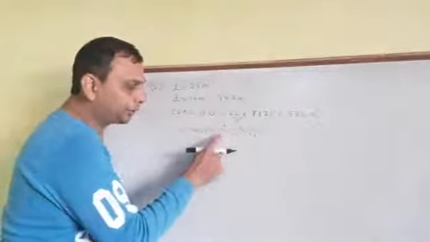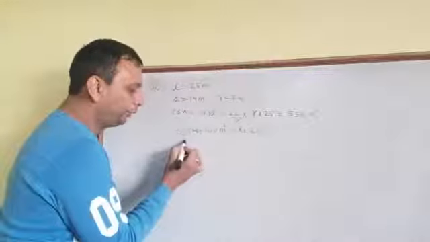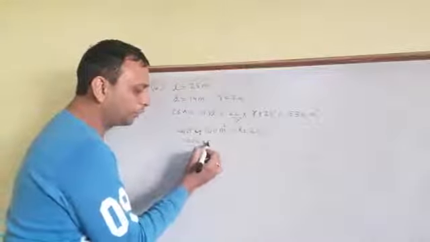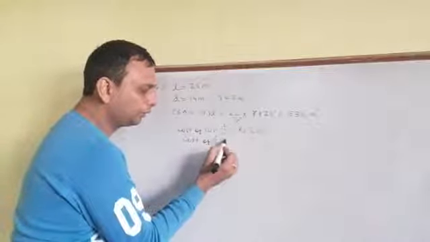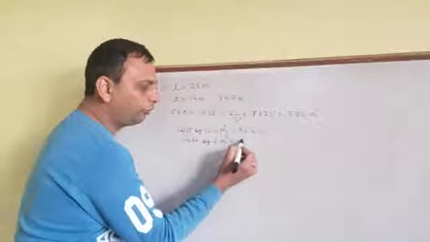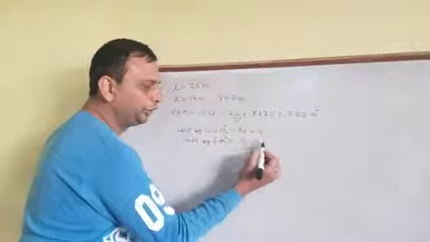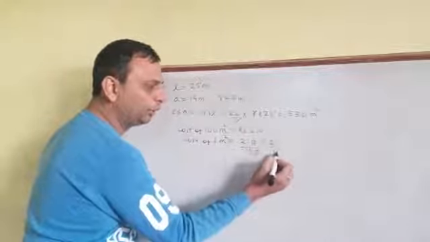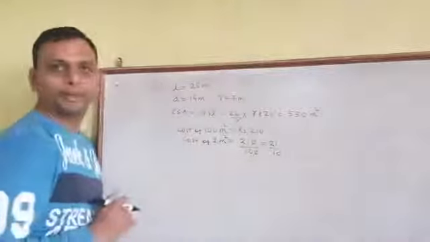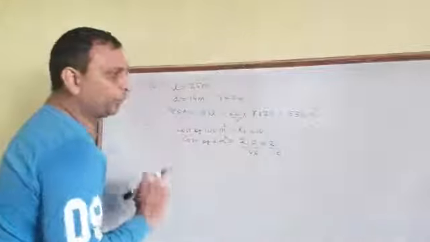But in this question, the cost of 100 meter square is given. So we will find the cost of 1 meter square. It will be 210 divided by 100. 0, 0 cancel. 21 upon 10 is the cost of 1 meter square.